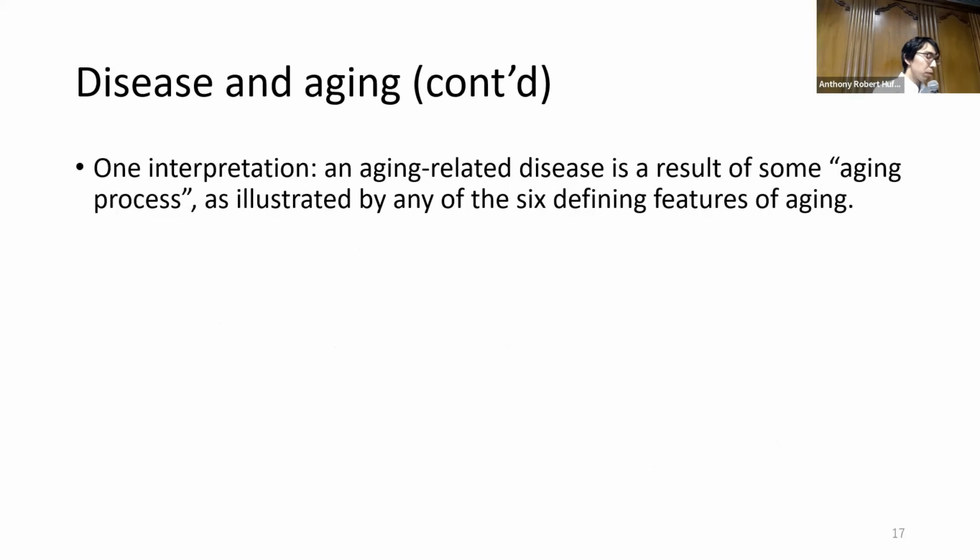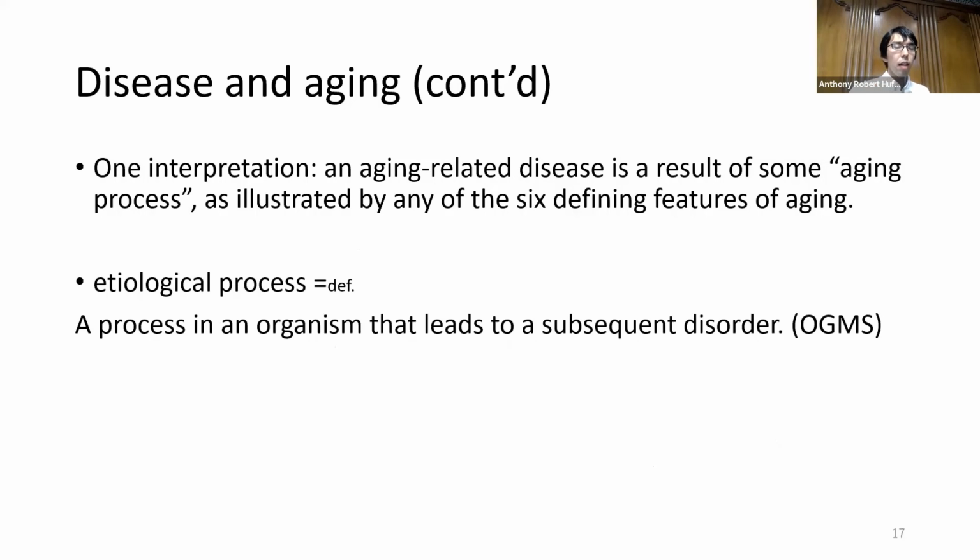Then there are multiple interpretations for the analytical relationship between disease and aging. Here's one interpretation, whose basic idea is that a so-called aging-related disease is, in some sense, the result of what we call an aging process, as illustrated by any of the six defining features of aging, such as functional decline and structural damage. To concretize this interpretation, I introduced the etiological process.